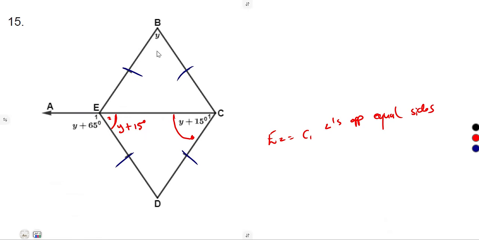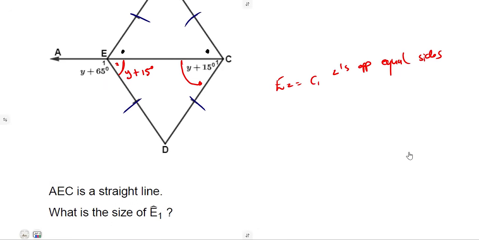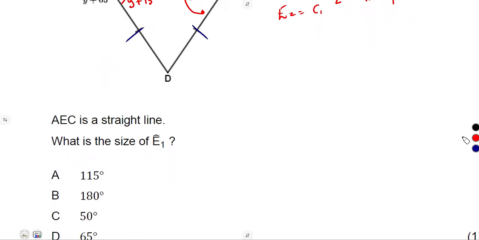So there we can also use the same thing. Angle B here, angle C here, and this angle E are also equal. This angle is the same as this angle, but okay, no problem. Let's see if we're going to need it. The question here was: the line AEC is a straight line.